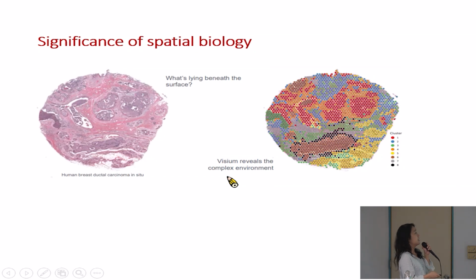Here you can see the significance of spatial biology. In the left part is the histology analysis. We can see this one is human breast ductal adenocarcinoma. This is a tumor tissue, and from this slide of a biopsy of a breast cancer patient, we just see there are several tissues in this biopsy. What is lying beneath the surface?